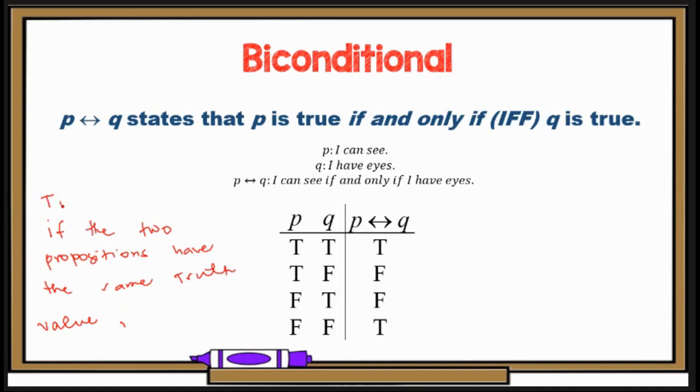So, let me just write it here: true if the two propositions have the same truth value. Alright. It's easy, right?